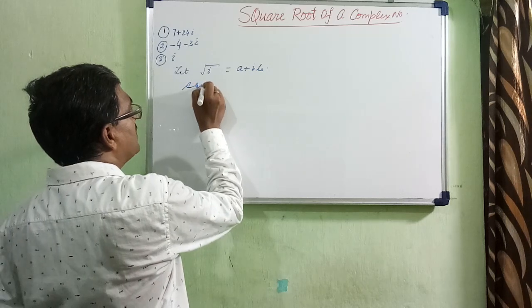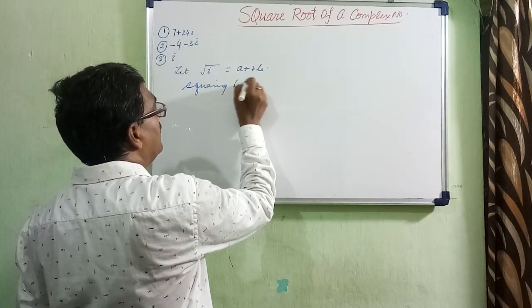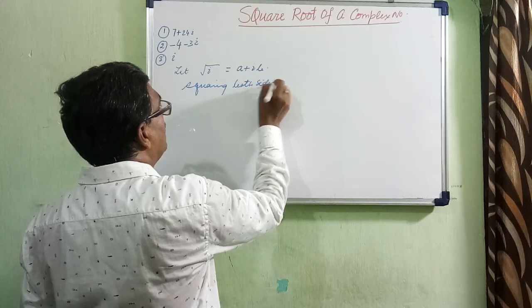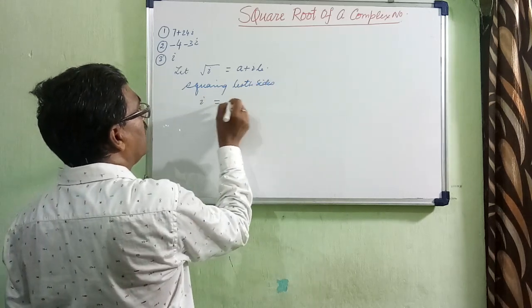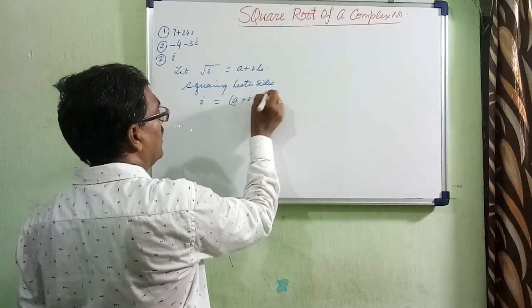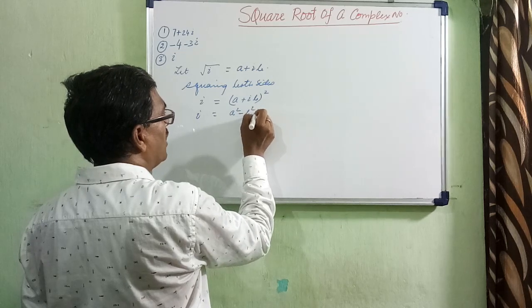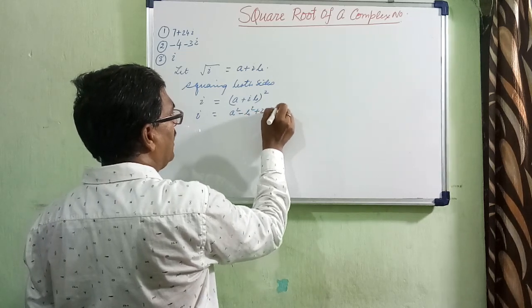Squaring both sides, i is equal to (a plus ib) whole square. i is equal to a square minus b square plus 2abi.